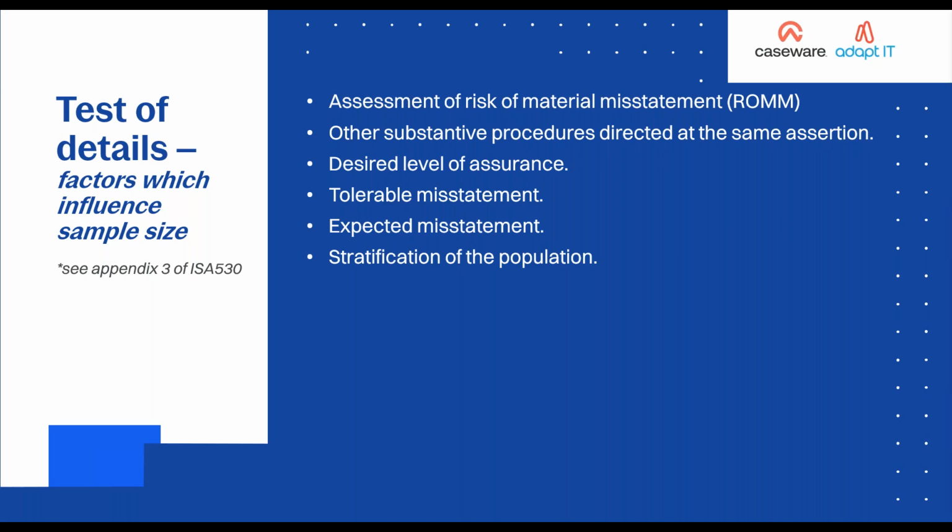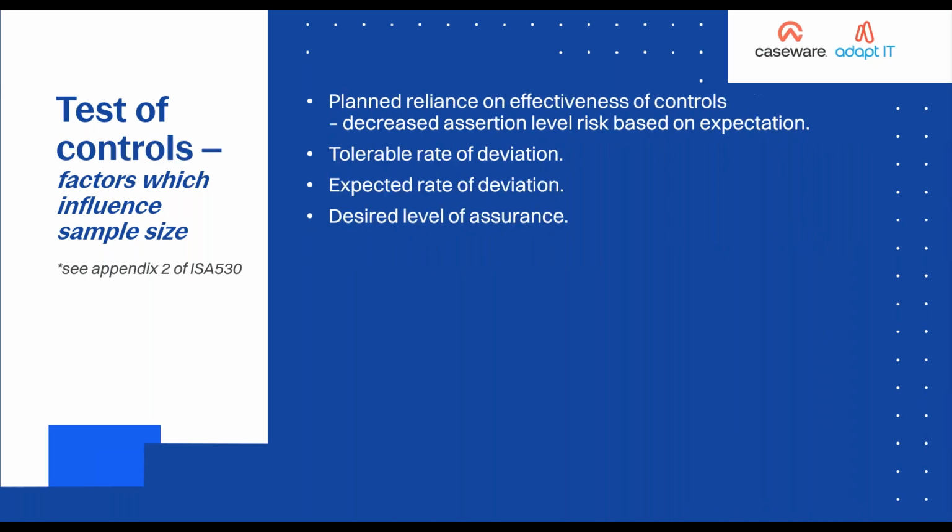But if I stratify them into local debtors, foreign debtors, and maybe all the debtors from my new stream of business, then I'm going to have 3 samples, but now I might be testing 5, 5, 5 items, or 5 and 7 and 3, which is ultimately going to end up testing more than the 10 in one sample. That's the interesting thing. Okay, but that gets a bit tricky. Not necessarily something that we need to break our heads about.